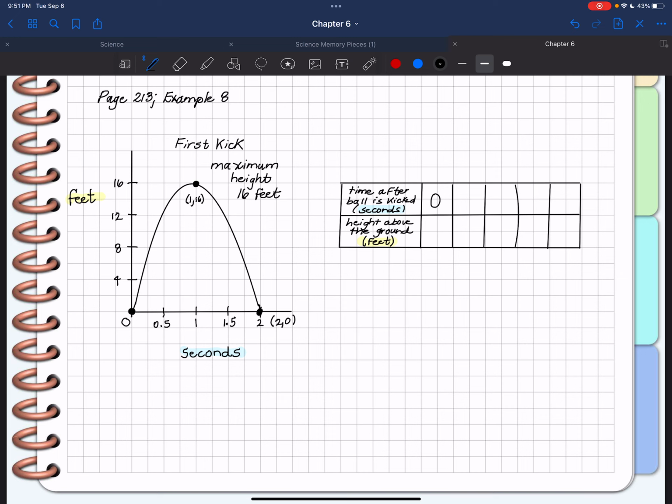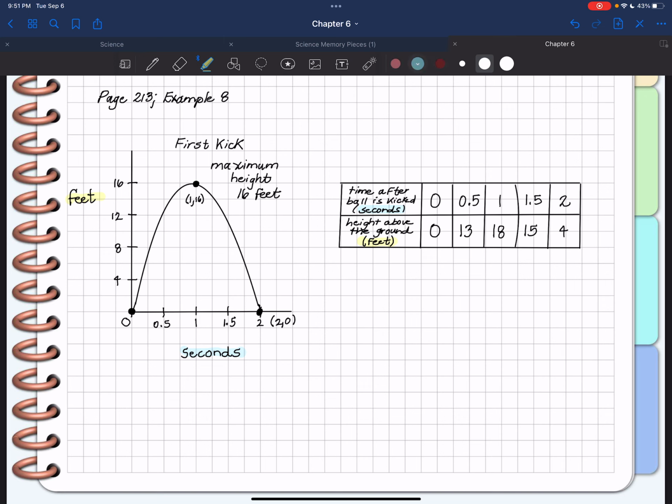So we have 0, 0 on this one, just like on the graph. At half a second, this one was at 13 feet. At 1 second, this was at 18 feet. At 1.5, it was at 15 feet. And at 2 seconds, it was down to 4 feet above the ground.